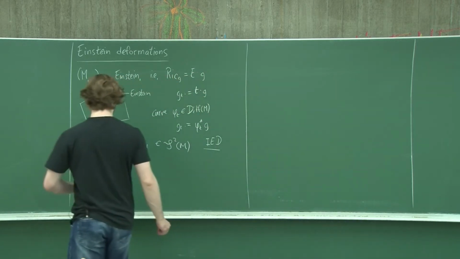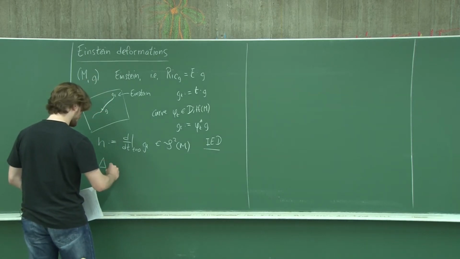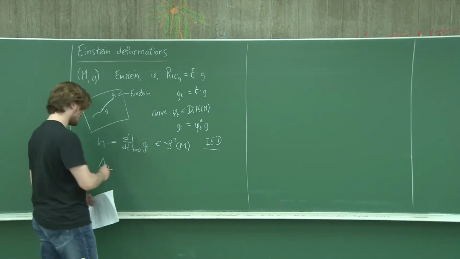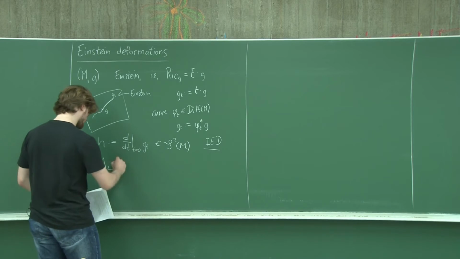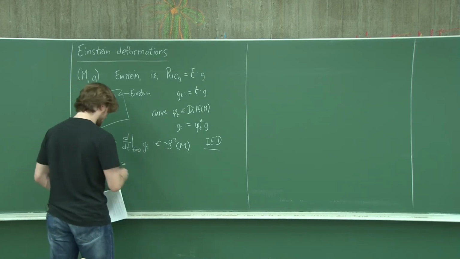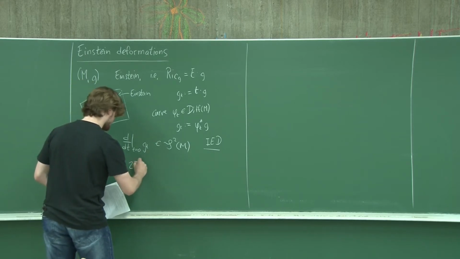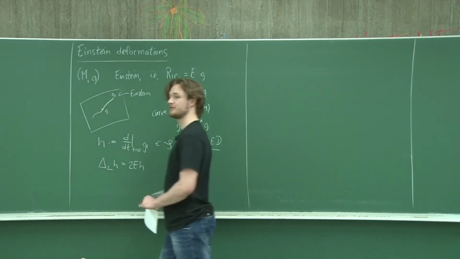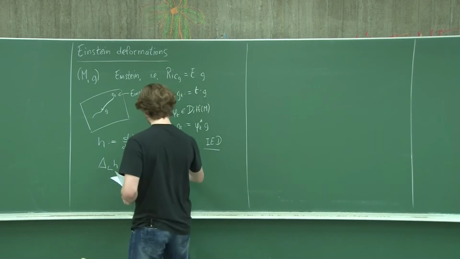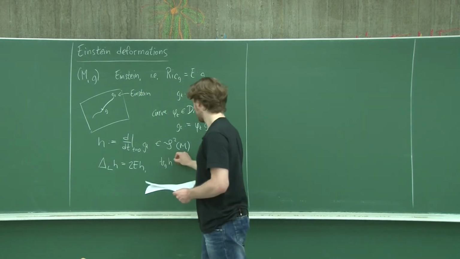So first, there is a Laplace type operator, Laplace L, which is called the Lichnerowicz Laplacian on symmetric 2-tensors. And h has to be an eigentensor to this operator to the eigenvalue 2E. Also, the trace of h with respect to the metric g has to vanish.